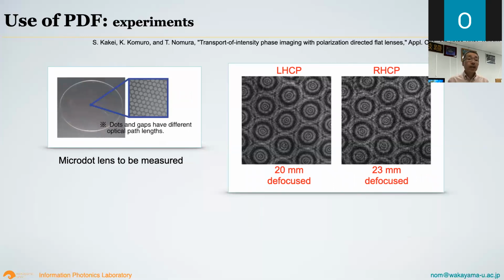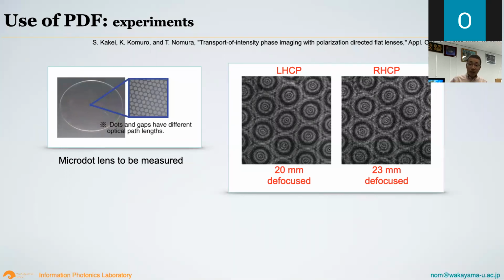So this is an optical experimental result. This is the object to be measured. This is a real phase object. This is a microdot lens. Dots and gaps have different optical path lengths, namely different phase.